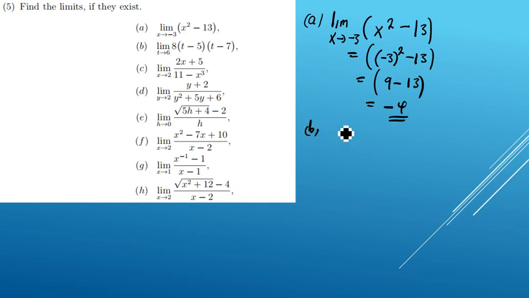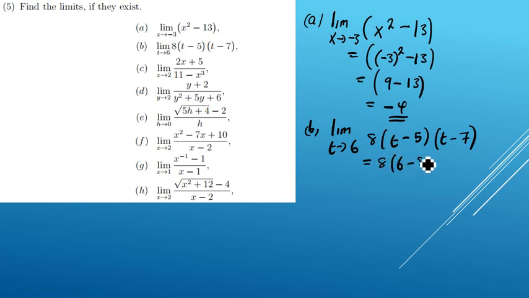For the second question, we find the limit as t is approaching 6 of 8 times (t minus 5) times (t minus 7). We do the same thing.